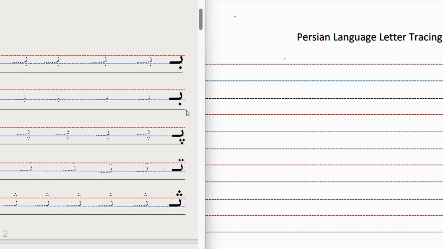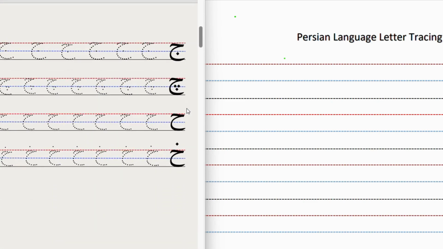Now in this lesson, I'm going to continue with the new letters. The first letter is J. In this category, again, putting the dots or not is very important. If you put one dot in the middle, as you can see here, the sound is J. We call this letter Jim in the Persian language.